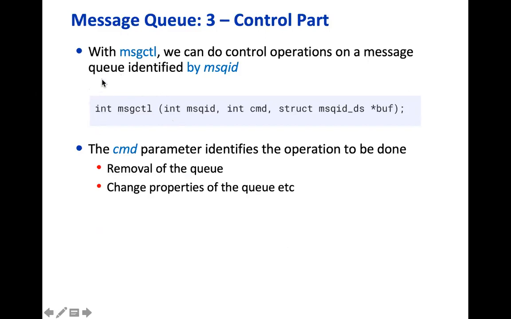Then P, or the owner of the process, can use this system call to change those parameters or to delete the queue. Because once a queue is created, it has to be deleted, so there must be some system call. This system call corresponds to that, and a few other things one can do.